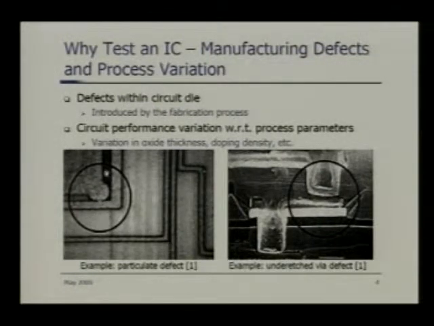On the left hand side, if the circuit was properly fabricated, you would not see this blob in the circuitry. There is some dust particle or dirt particle that fell on the die during the process. So there are thousands of ICs, maybe say 2000 ICs on a single wafer.